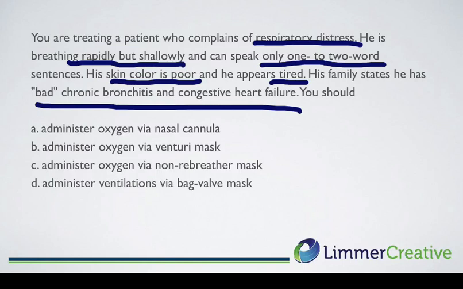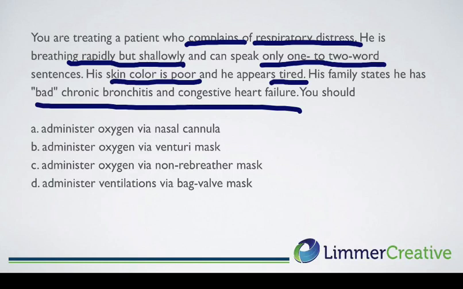Now, some people will say, well, gee, he complains of this, so he must be okay. Well, he might be complaining, and those are going to be his last words. If you look at the fact that he complains of respiratory distress and you ignore the parts of this question in the middle that really tell you what needs to be done, then you will get it wrong. The center, shallow breathing, 1 to 2 word sentences, poor skin color, and tired, that should tell you that he needs to be ventilated. Now, let's look at the choices.